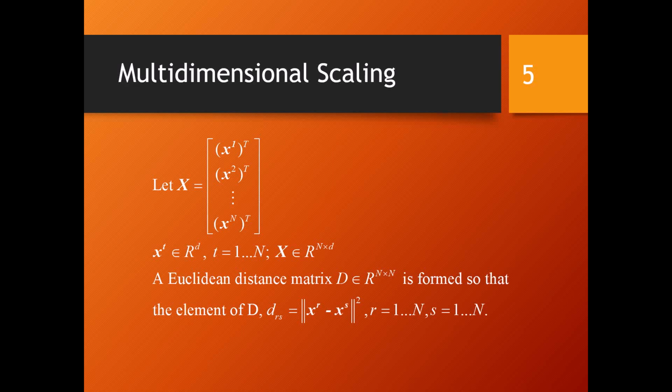Something like this. So you should be able to calculate this D by yourself. And then you know how to calculate H. So -1/2 times H times D times H. You calculate this matrix and then find the eigenvalues and eigenvectors. That's it. Easy. MDS.